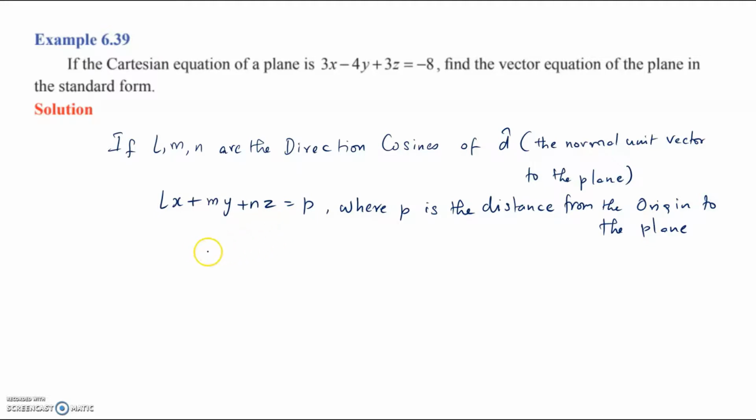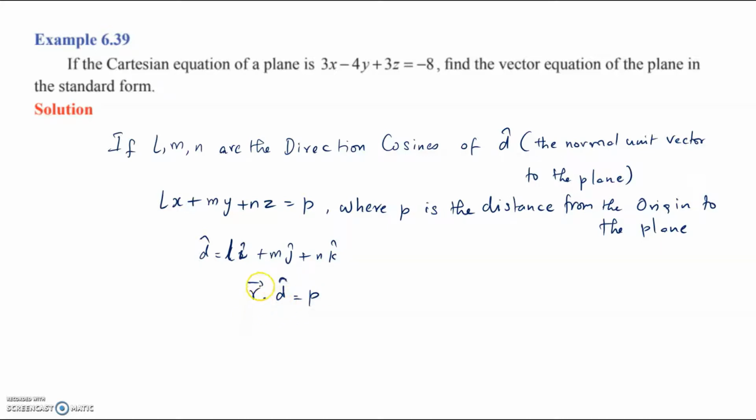So we can rewrite our equation. Since L, M and N are the direction cosines of d cap, d cap will be equal to L i cap plus M j cap plus N k cap. So our vector form of the equation is r dot d cap is equal to p.